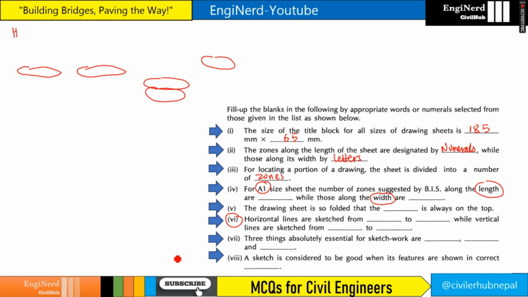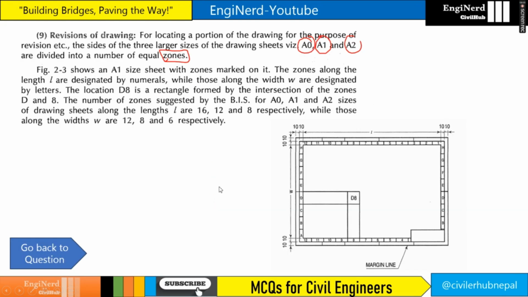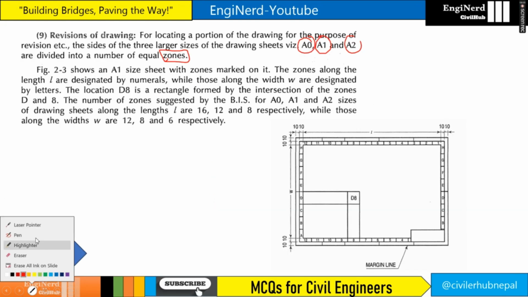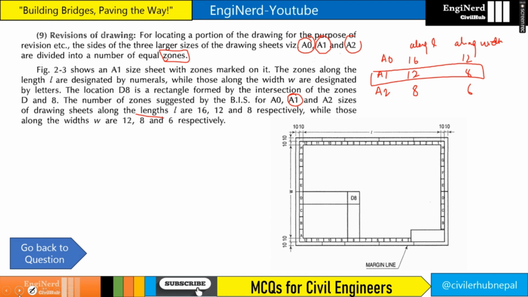So let's write A0, A1 and A2 here, along length and along width. Along length for A0 it's 16, 12 and 8, and along width it's 12, 8 and 6. So for this A1, 12 and 8 is our answer. Along the length it's 12 and along the width it's 8. So let's go back to the question.